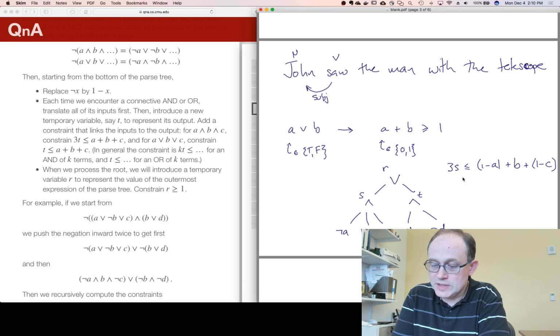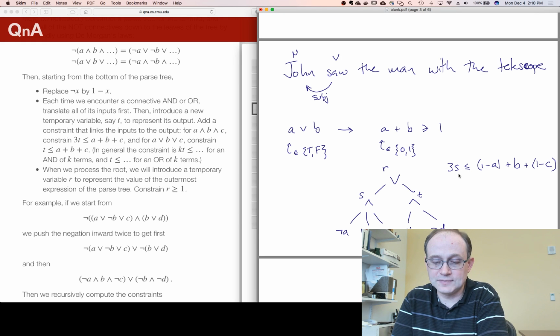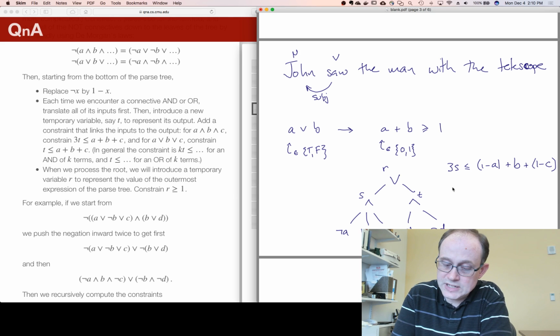What this says is that if A is false and B is true and C is false, this right-hand side evaluates to 3. So S can be either 0 or 1, because 0 is less than or equal to 3 and 3 is less than or equal to 3. If this formula isn't satisfied, then the right-hand side is less than 3 and so S can only be 0. Okay? Same thing for T.